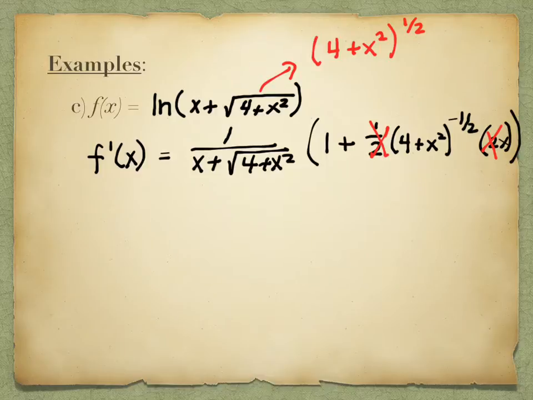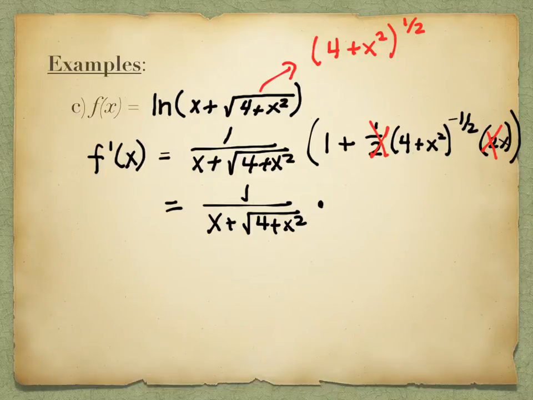So I'm actually going to rewrite it where it is out to the side. So I'm going to write this as 1 over x plus the square root of 4 plus x squared. And then I've got times 1 plus x over the square root of 4 plus x squared.